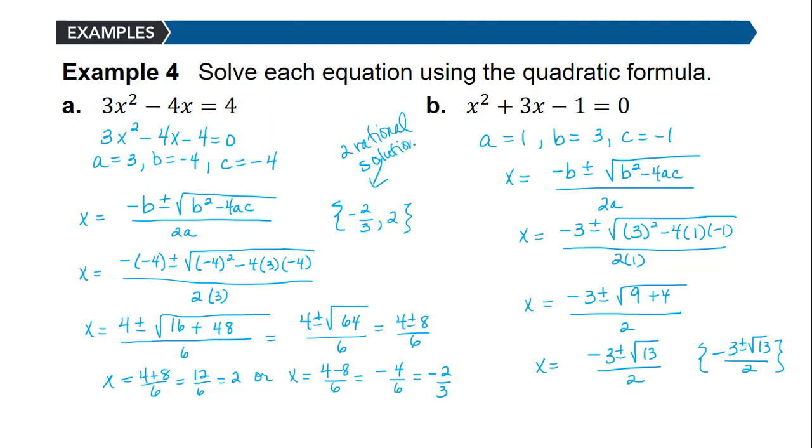Those are real numbers, they're rational solutions, and that's because the number inside the radical was a perfect square. And then in part B, we had 2 irrational solutions because the number inside is a positive number, but it's not a perfect square. So there are 2 irrational solutions. Right, if we looked at their decimal value, it would continue on and on and not in a repeating pattern.